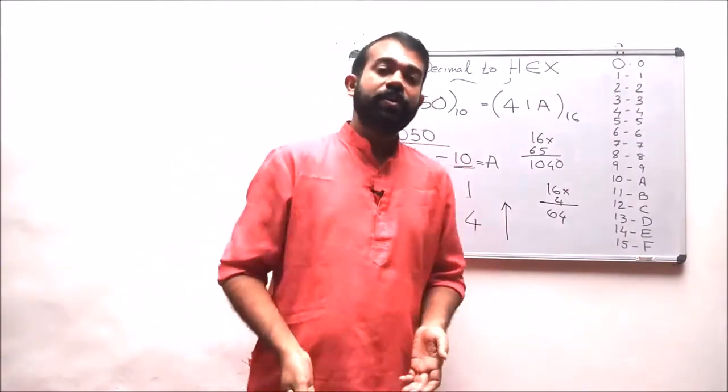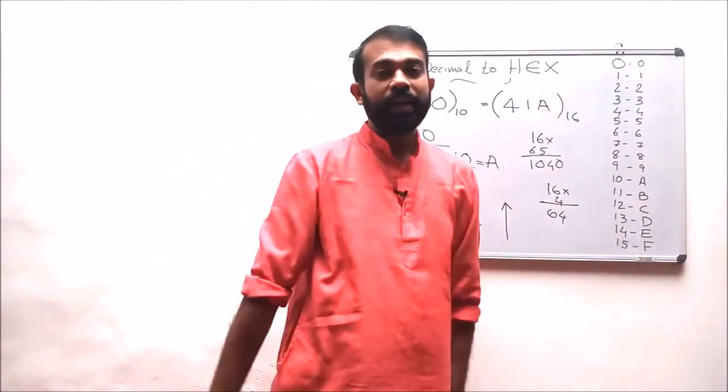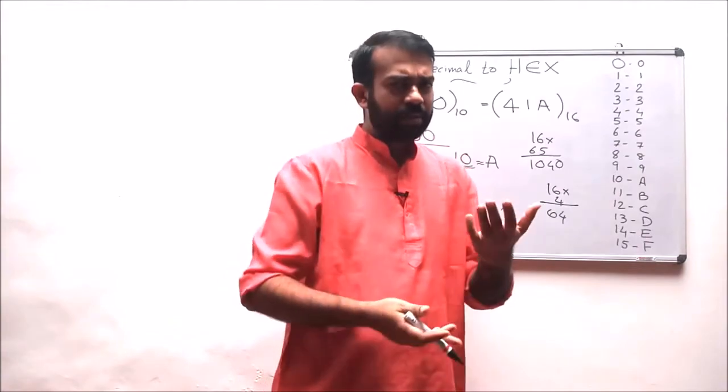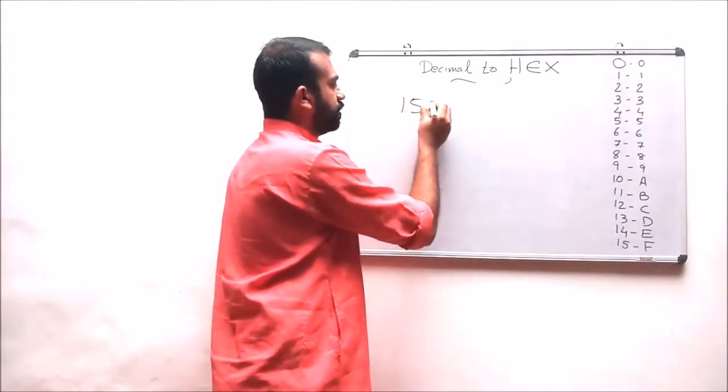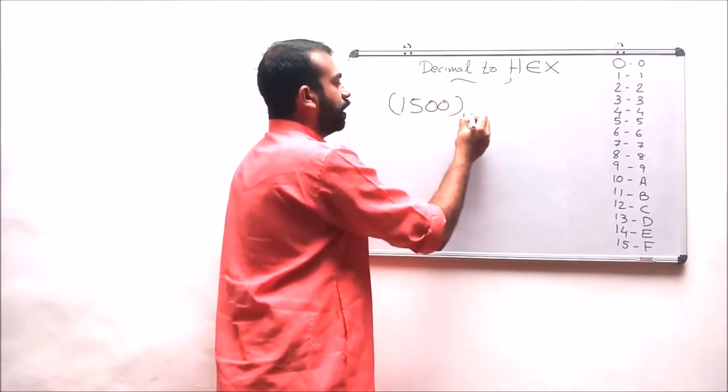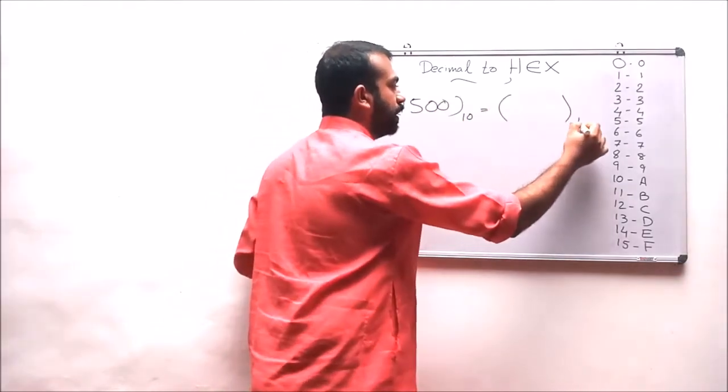This is how we convert a decimal into a hexadecimal number. Let us consider one more example. Consider the decimal number 1500; we have to find its hexadecimal equivalent.